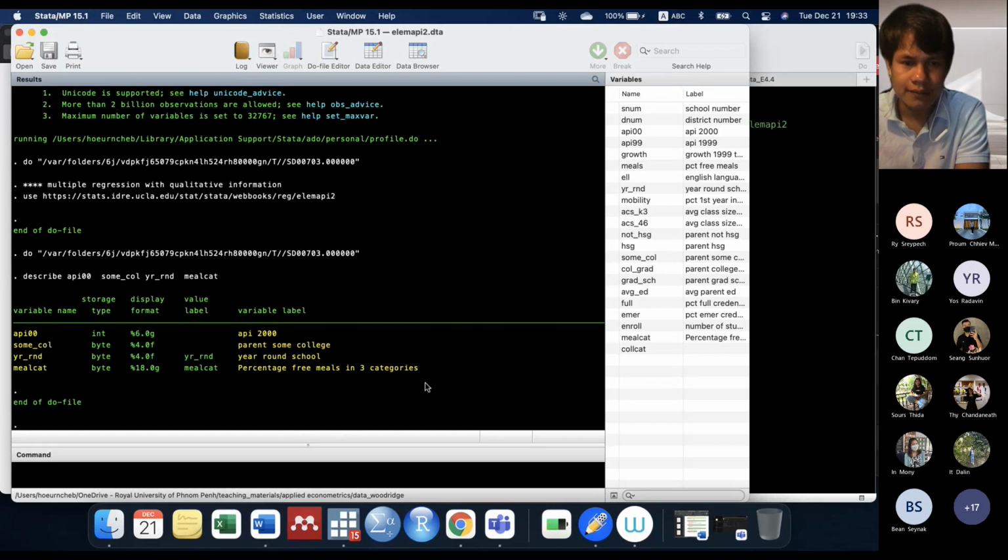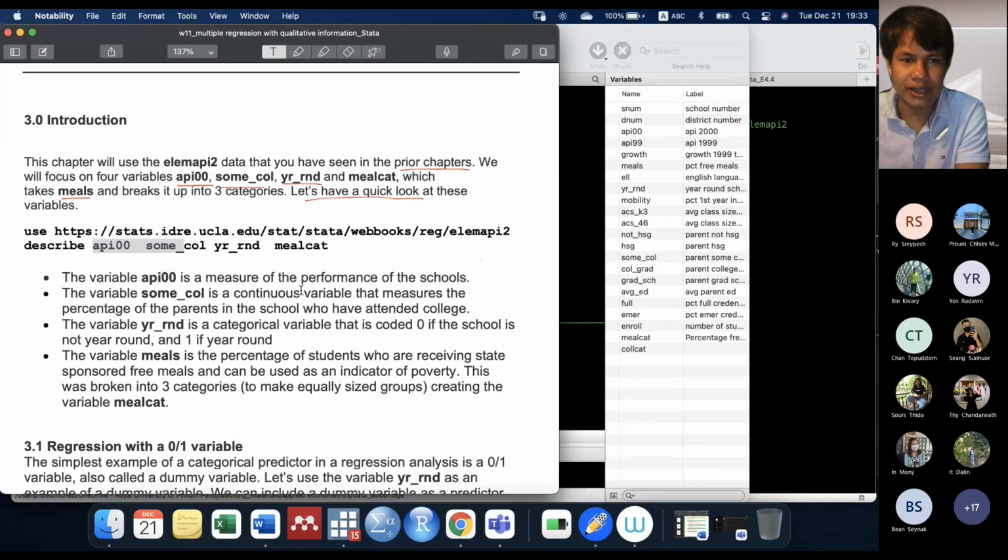All right. So let me get back to the data. The variable AP00 is a measure of the academic performance of the school, right? Variable parental college is the continuous variable that measures the percentage of parents in the school who have attended college.